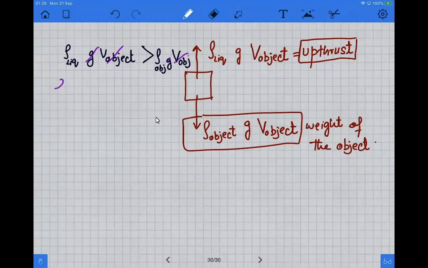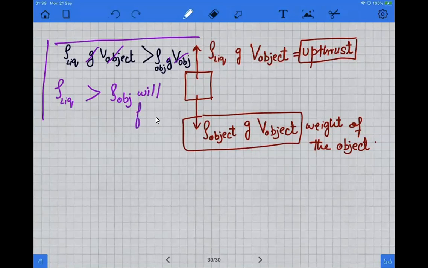As a result, it only depends on the density of the liquid and the density of the object. So this is the condition. It will float.